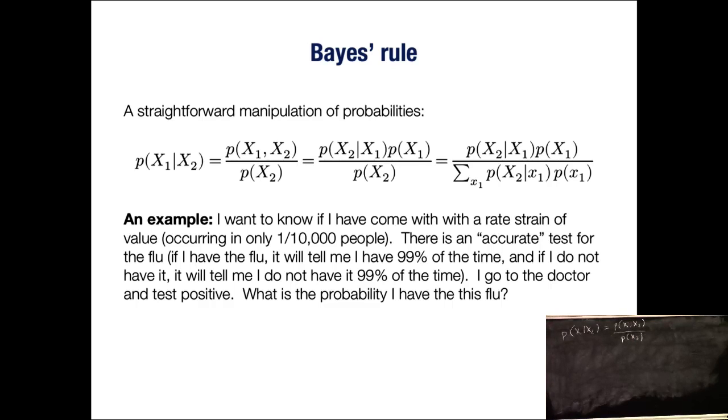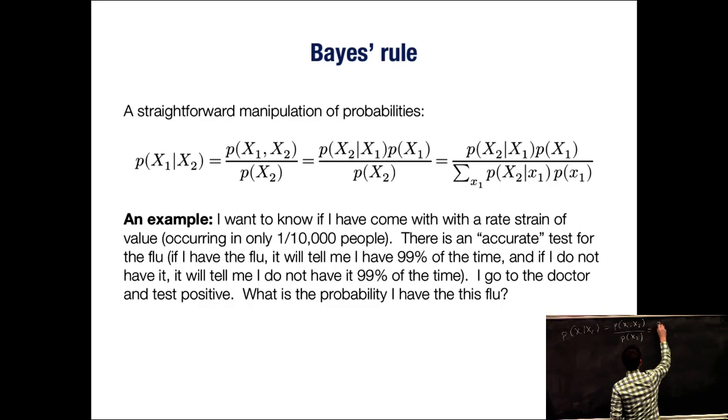Which is also equal to, we can write this either way, x1 given x2 or x2 given x1, the probability of x2 given x1 times the probability of x1 divided by the probability of x2.